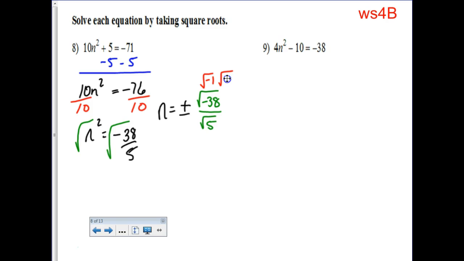It's not divisible by 4 or 9, 16, no, none of those. So I'm just going to think of it like this, because what's the square root of negative 1 again? That's just i. So then what do you think about me saying my answer is n equals plus or minus i times the square root of 38 over the square root of 5? You think a teacher would accept that in PreCalc?